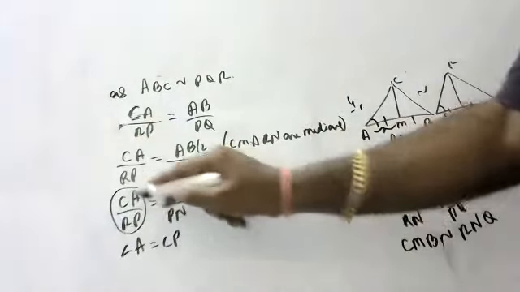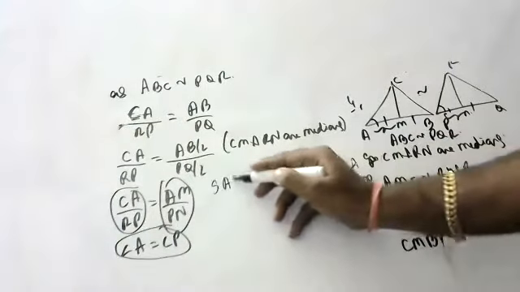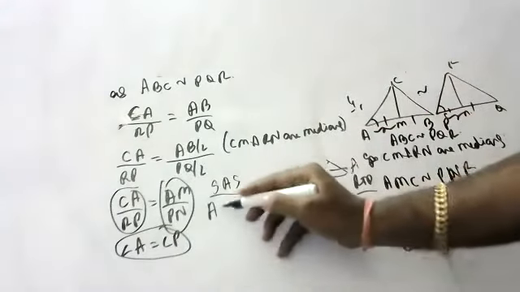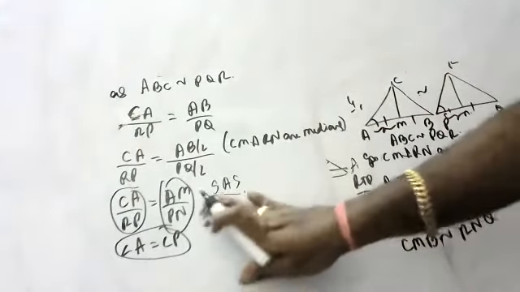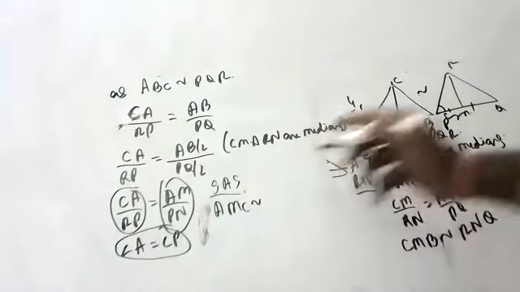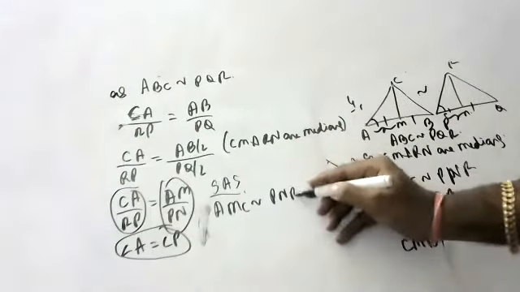By SAS similarity, what can we say, children? AMC is similar to PNR.